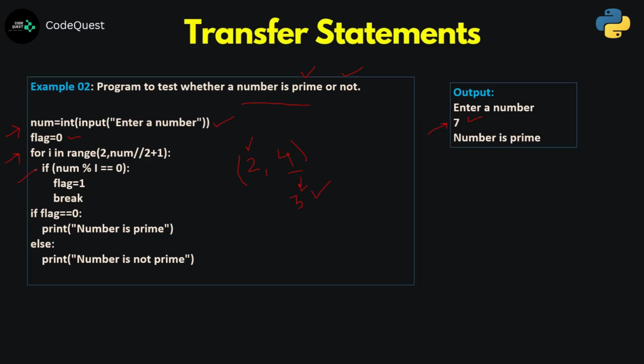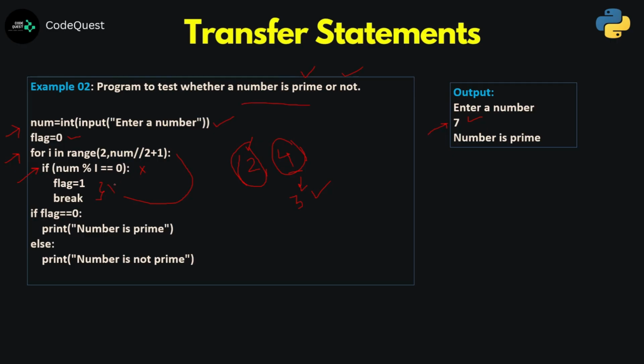Now when I get inside this for loop, we have a condition here, num modulo i equal to 0, because num is 7 and the i value for the first time is going to be 2. So 7 modulo 2 equal to 0 is going to be false. As a result, these statements will not execute. Now in the next iteration, the i value is going to be 3. When I check 7 modulo 3, it is once again not equal to 0.